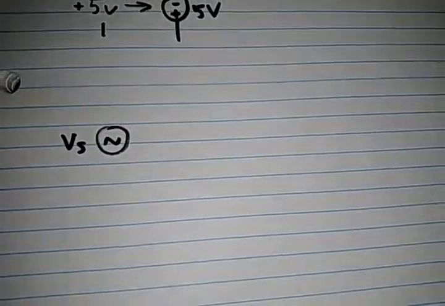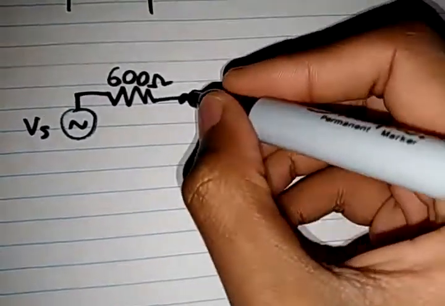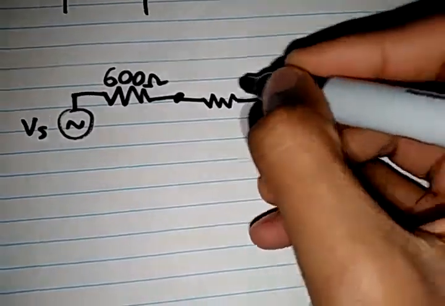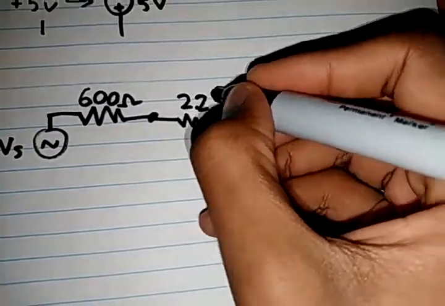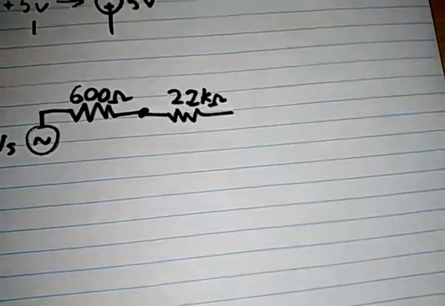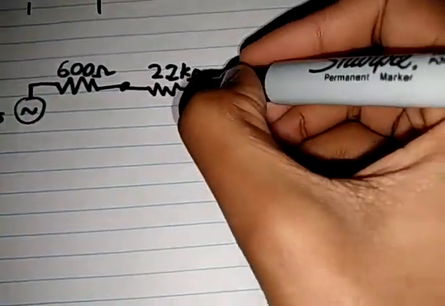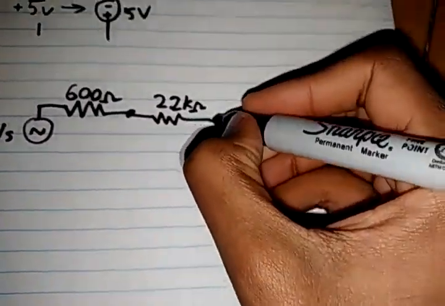So we need a voltage source. We're going to call this VS. It's going to go out to the 600 ohm resistor, then to the 2.2K resistor, and then the capacitor.